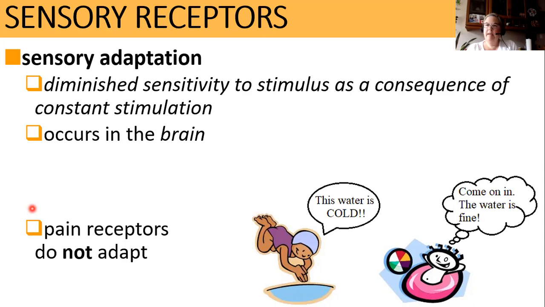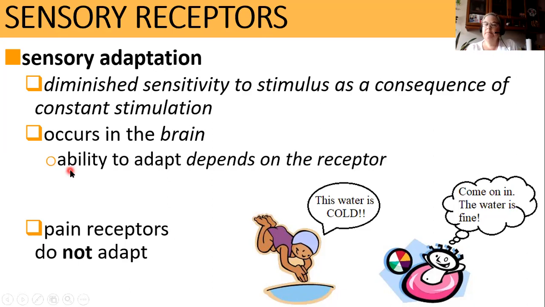Bacon, bacon, bacon, wearing a shirt, air conditioner's running. How could we ever focus on anything else? So this is our brain's way to allow us to focus on new, more important information.